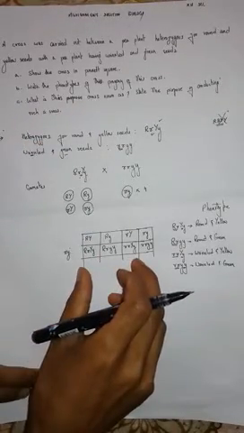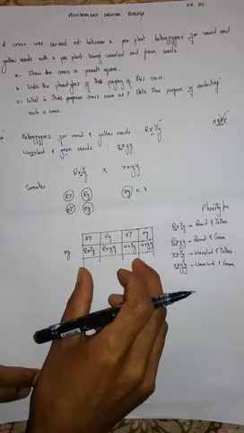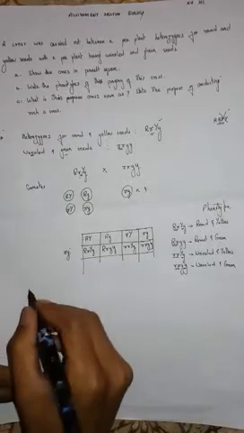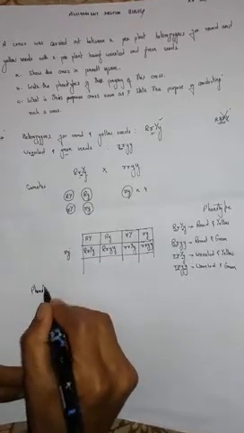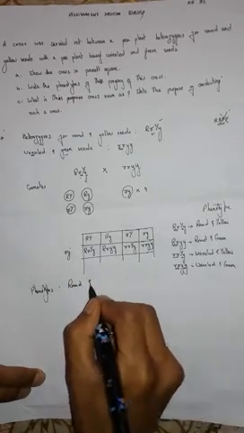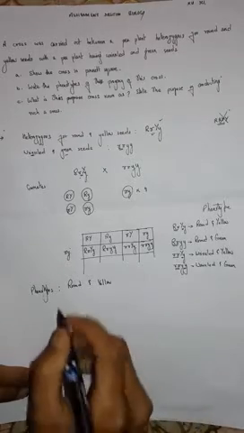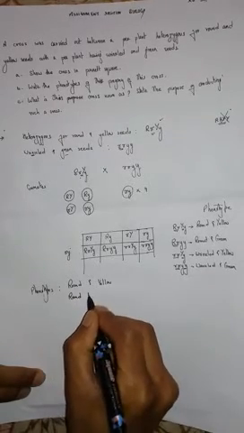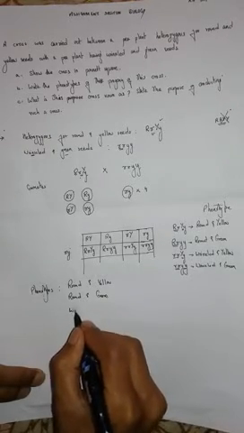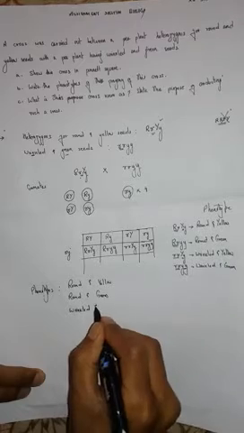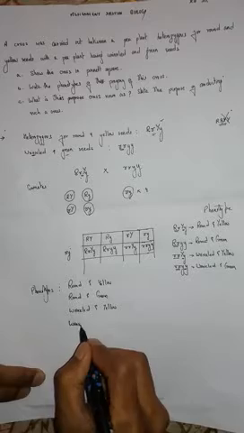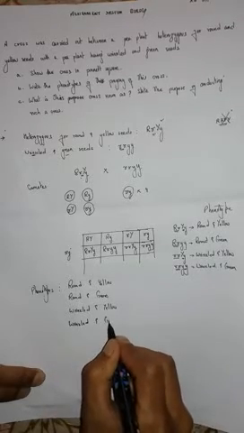So these are our progeny which are obtained by crossing the heterozygous round and yellow seeds with the wrinkled and green seeds. Now the phenotypes that are produced are round and yellow, then round and green, wrinkled and yellow, and wrinkled and green.